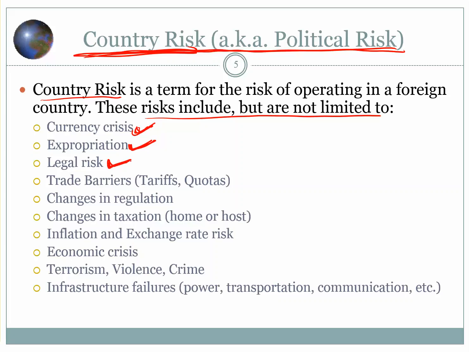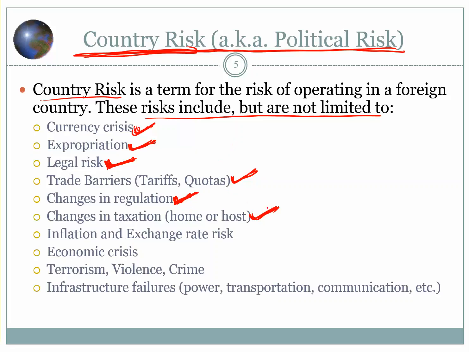Legal risks, the risk that court rulings against you effectively hurt your profitability. Trade barriers, you move into a country, then there's tariffs or quotas that hinder your ability to trade. Changes in regulation that change your profitability. So you move into an area and then they start increasing, say, environmental regulation, and that increases costs.